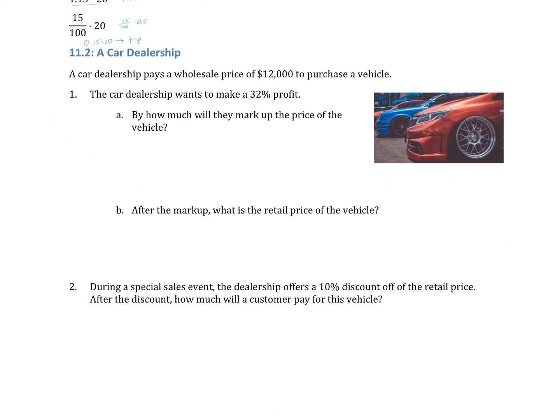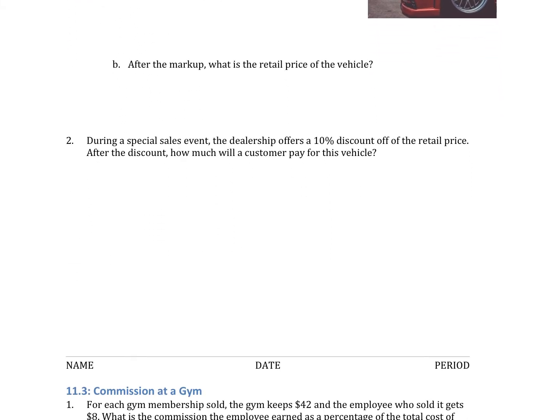All right, let's take a look at the next activity. The car dealership pays a wholesale price of $12,000 to purchase a vehicle. The dealership wants to make a 32% profit, so you have 2 questions for that. Then it says during a special sales event, the dealership offers a 10% discount off the retail price. After the discount, how much will the customer pay for the vehicle? Just remember, a discount is like a sale price, so it would be a decrease situation.